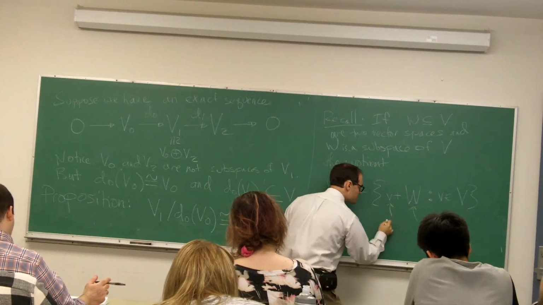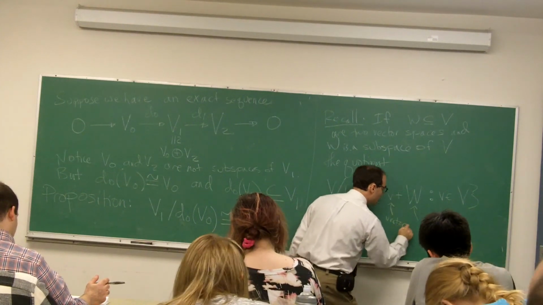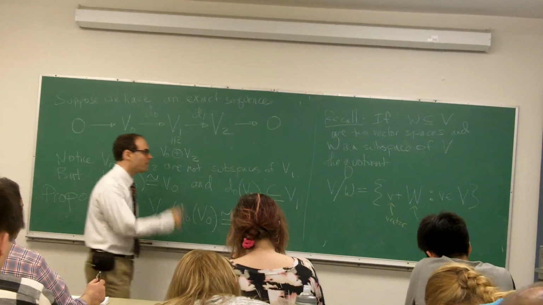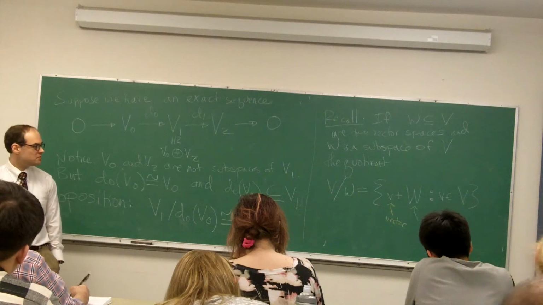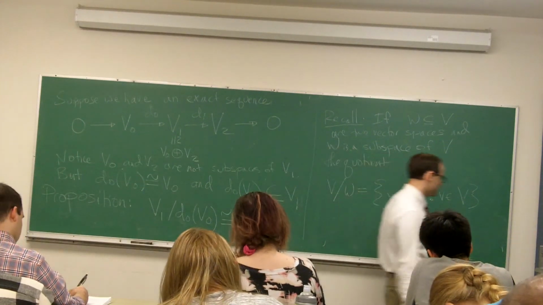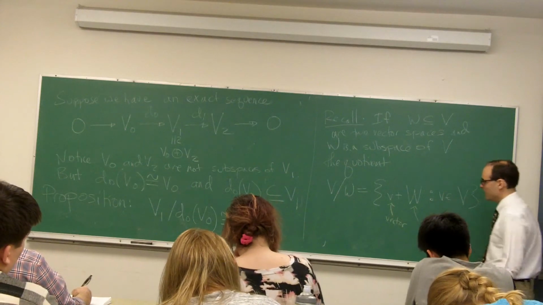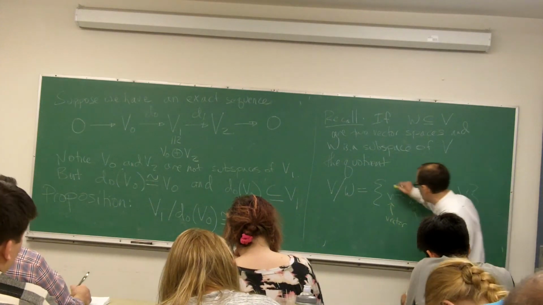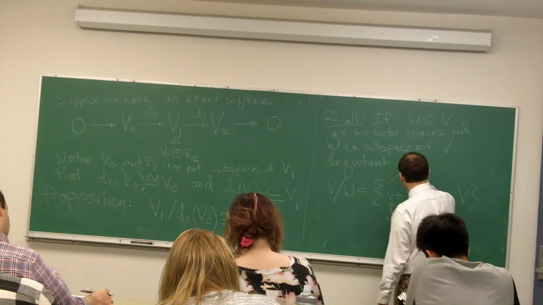And this guy here, this is just a vector. And what I mean by a vector plus a set, let's just take all the possible sums where I've got a vector and another element of W here. That's a big set. So this whole thing is a set.